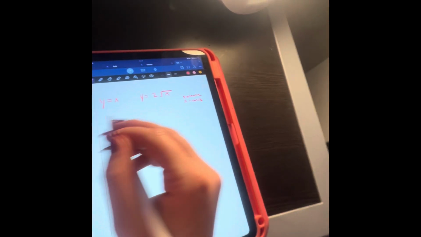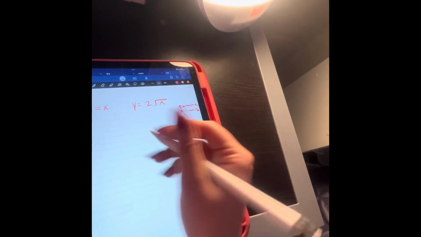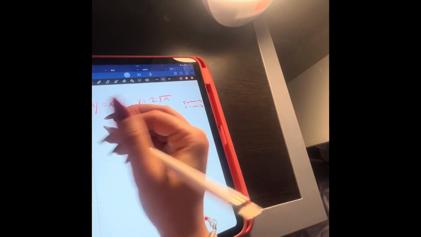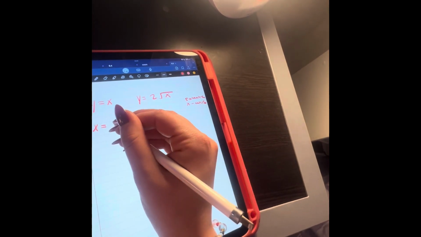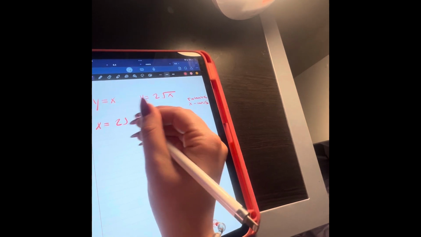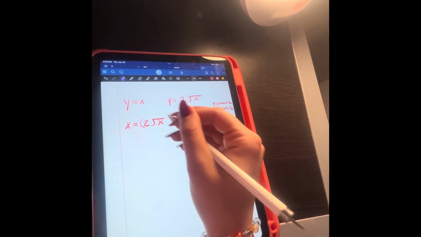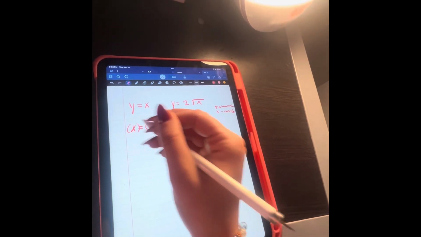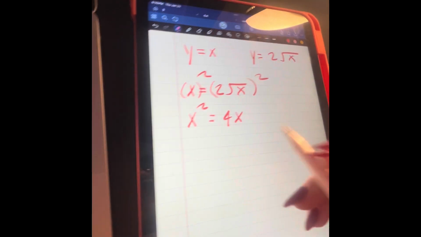The first thing you're going to want to do is set these equal to each other to find where they intersect and then find the bounds. So we do x is equal to the square root of x, and then we're going to want to square both of these sides, and that gives us this.